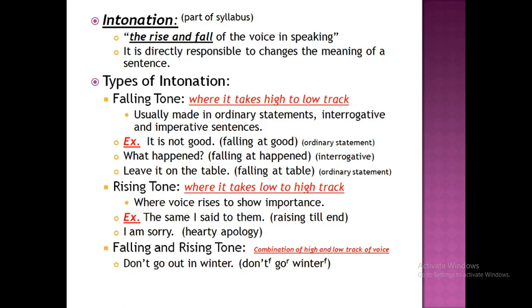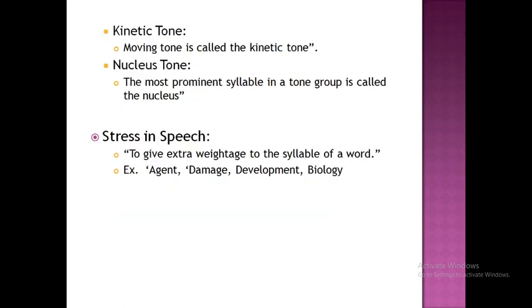Let's move ahead to understand some other tones as well. This is kinetic tone and nucleus tone. Moving tone is called the kinetic tone, where the tone is moving from one to another, and it is called kinetic tone.